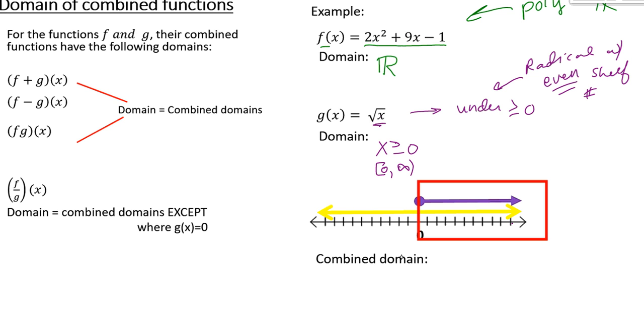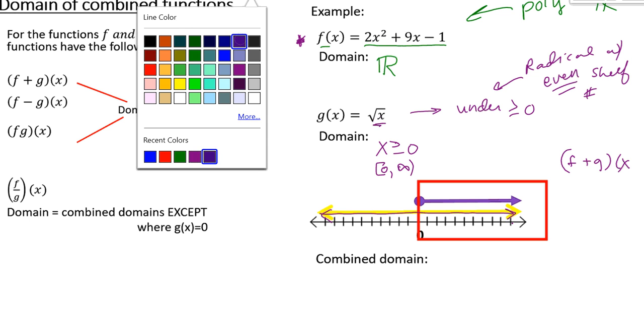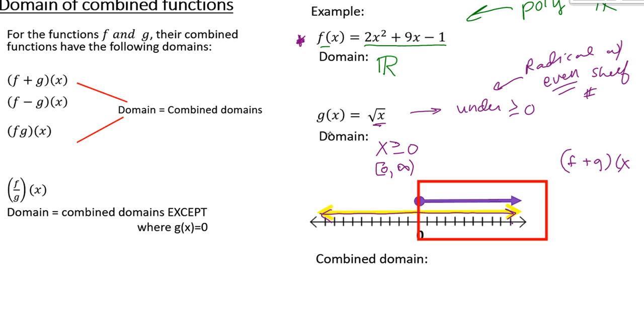So if we were to combine, let's say we did f plus g. What we'd look at is the domain of the first one you see. Okay, that's this yellow line. All real numbers, right? Here's a number line, everything to the left, everything to the right. And then it comes down to the g of x domain that says, okay, it's everything from 0 out to infinity.